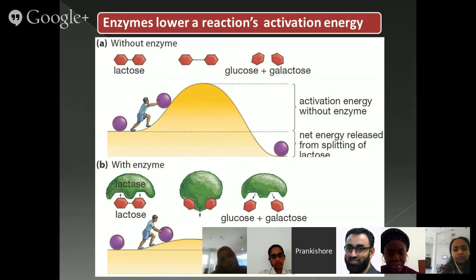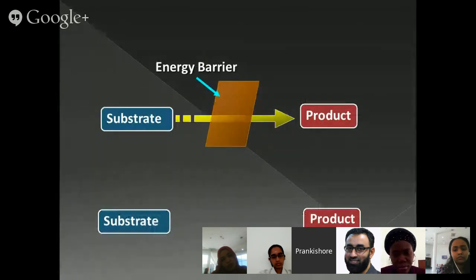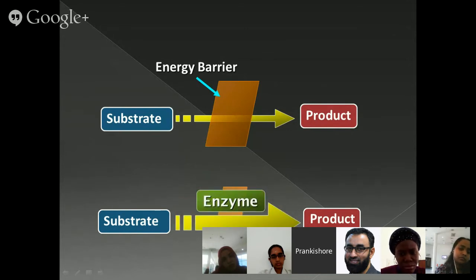But the net energy released is always constant. So you can see this again indicated. When a substrate is going to be converted to product, you get an energy barrier. In the presence of an enzyme, the energy barrier is reduced. In other words, the activation energy is reduced, and the same product is formed.